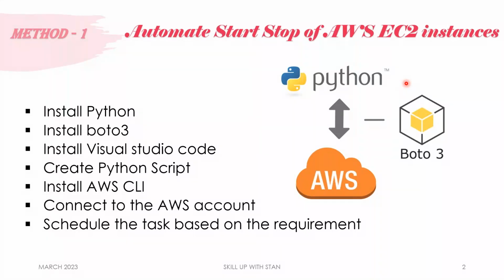I have a detailed session on Python, so if you're interested, you can search for the playlist and learn Python. But here, to automate AWS related activities, I'm going to also introduce the Boto 3 module. I'll also show you how to install Python from scratch. We'll also see how to install Boto 3, and how to install Visual Studio Code.